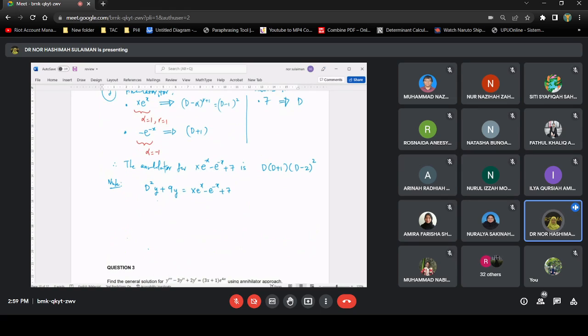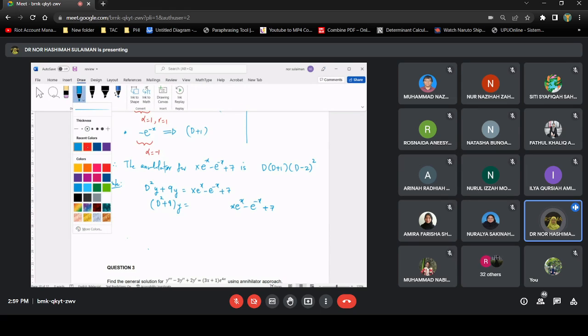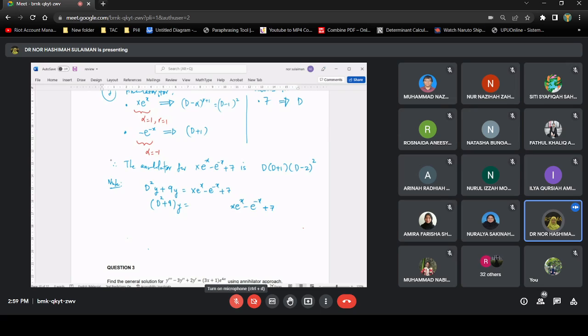Okay, you can actually factor out benda ni. D squared plus 9, alright. And then you have Y, right, equals to X e to the power of X tolak e. Kenapa saya jarakkan ni? Supaya saya nak apply D plus 1 and D minus 2 squared, right? So saya nak apply both sides.